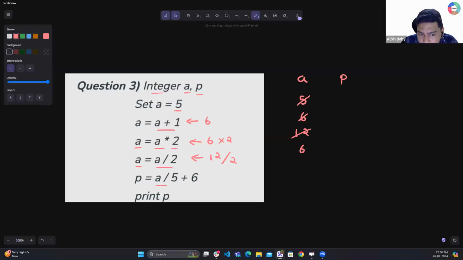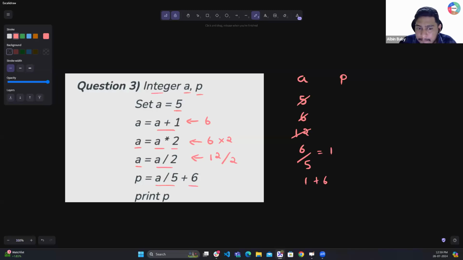Okay. P equals A by 5 plus 6. So what is A by 5? A is 6 divided by 5. We'll take the floor by default. It will be 1 point something, but we'll take the floor, so 6 by 5 is 1.